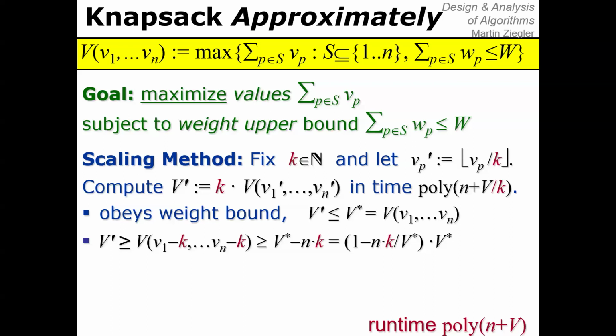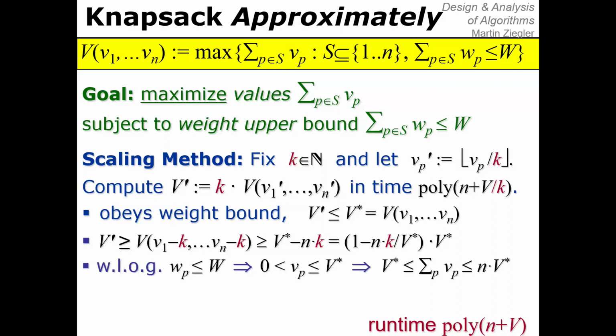Now you see this is almost what we need for an approximation factor. This is what we output, which is greater or equal to some 1 minus something, that's an approximation factor, times the unknown optimal output. So now let's estimate this part, and let's choose k.